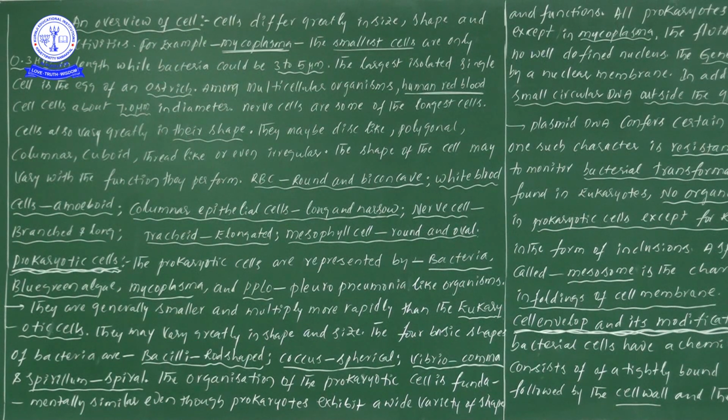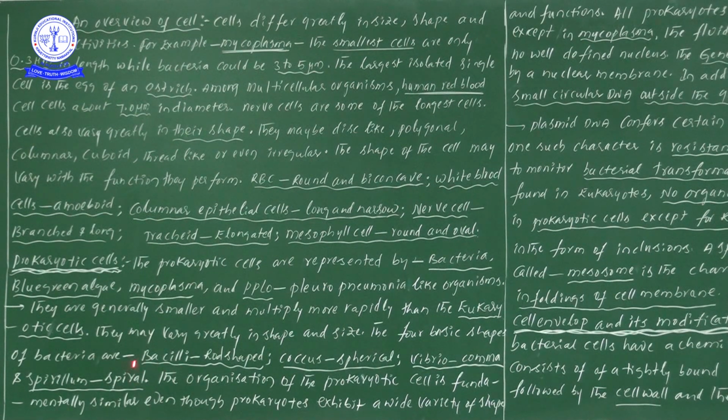We have already studied that point, but here we are studying the shape and size, and definitely the difference will be great. The author has given four basic shapes of the bacteria. So there bacilli is there, coccus is there, vibrio is there and spirillum is there.